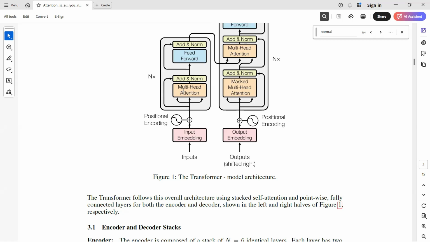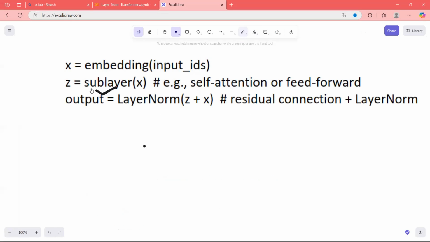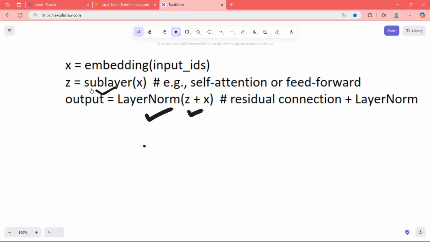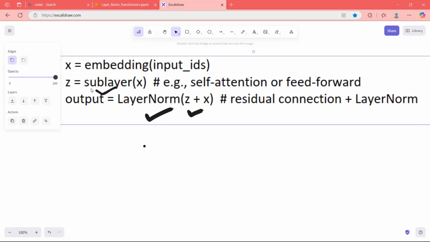Whatever comes out from the multi-head attention plus the original X, both these things come together and pass through the normalization layer. That is why it is add and norm, not only norm. Here we are adding, and here we are normalizing.